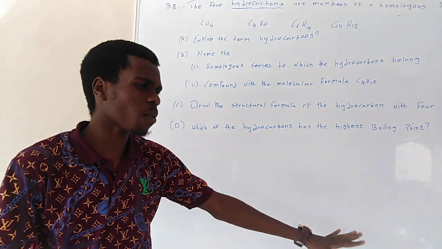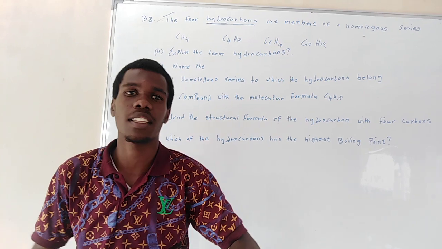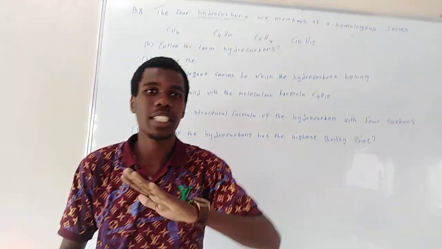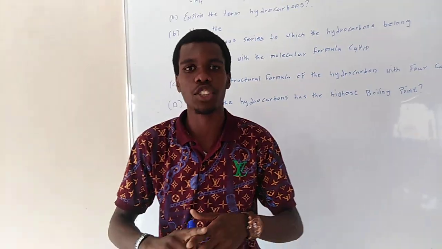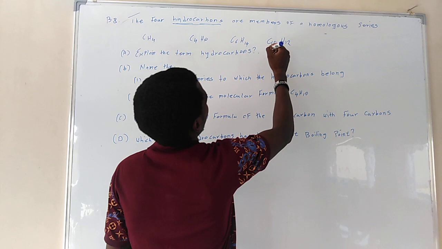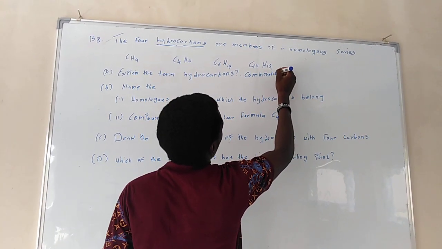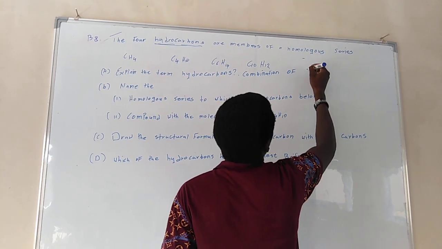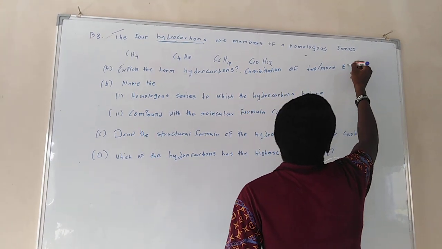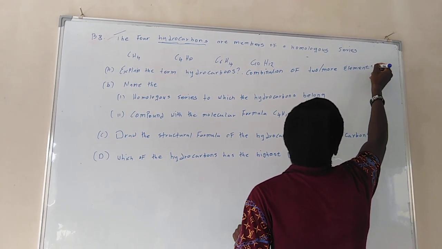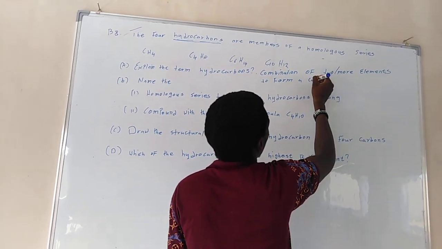Now, hydrocarbons are a combination of two or more elements to form what we call a compound. In a nutshell, a hydrocarbon is a combination of two or more elements to form a compound.